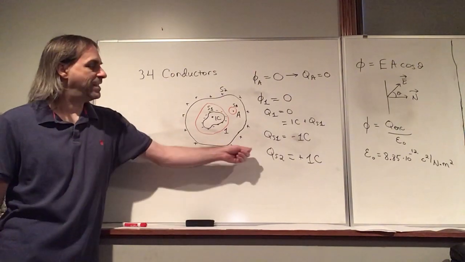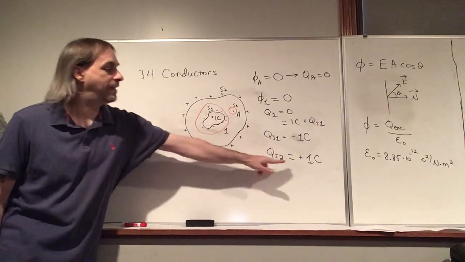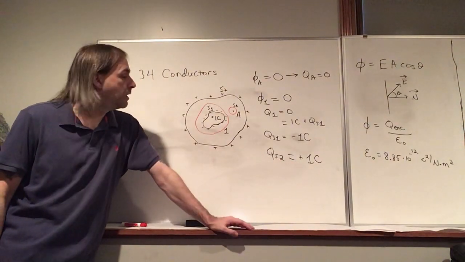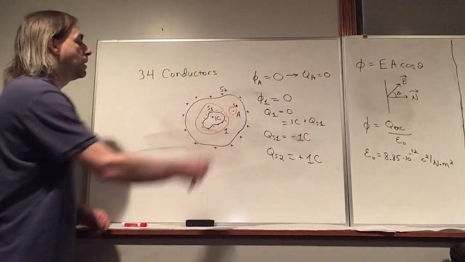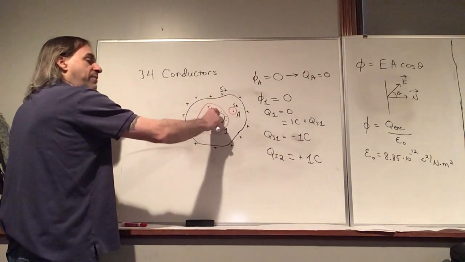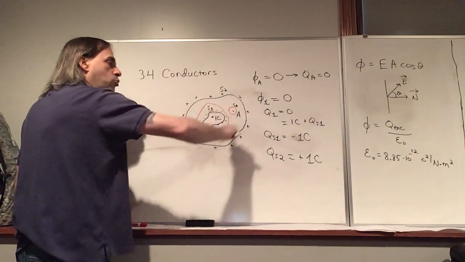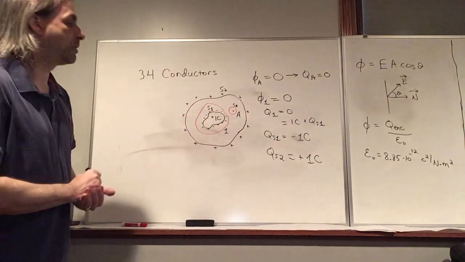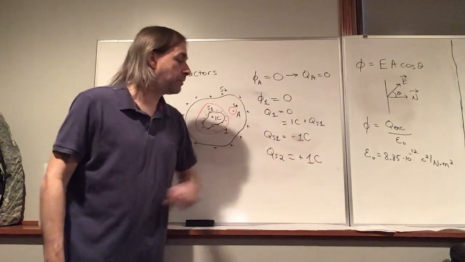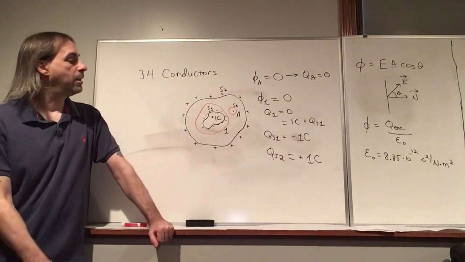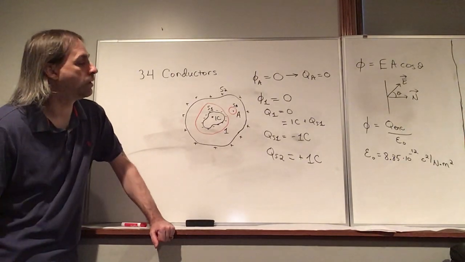So the only place that this charge can exist is on the outer surface. So we have this separation of charges: 1 coulomb of negative charge builds up on surface 1, and 1 coulomb of positive charge builds up on surface 2. So again, if you add up those, you get 0. Charge is just moved around, but we still have the same amount of charge.